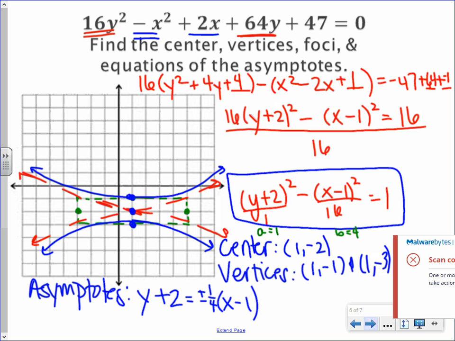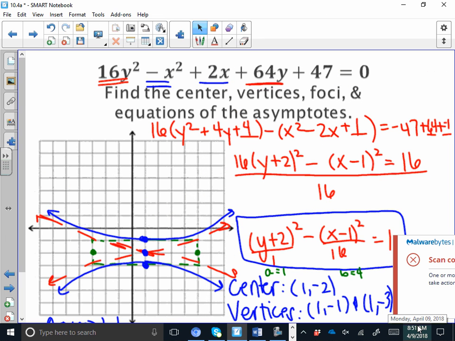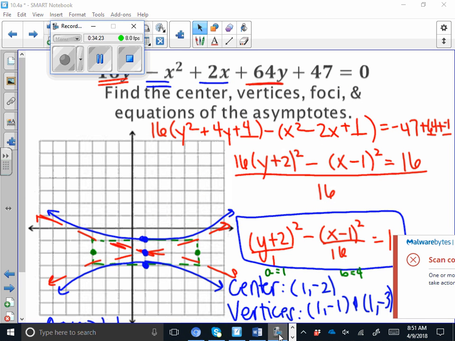Our coordinate is just the center, because both lines go through the center. And then I counted my slope to be 1/4. So one has a positive 1/4, one has a negative 1/4. All right, all the way.